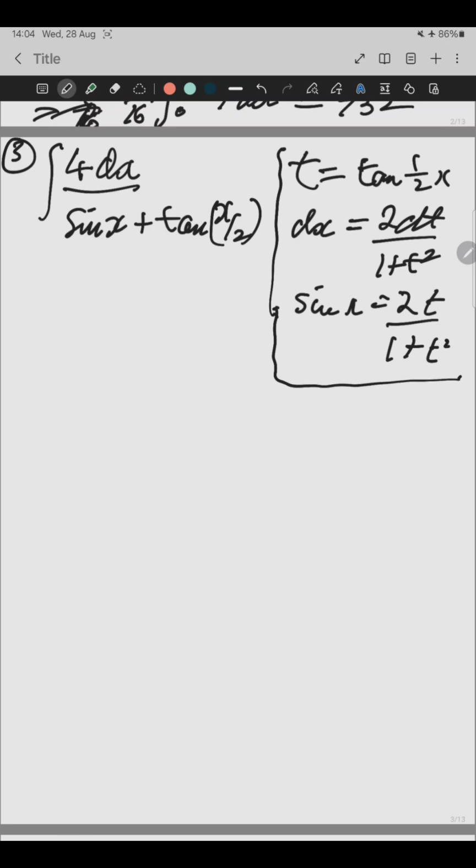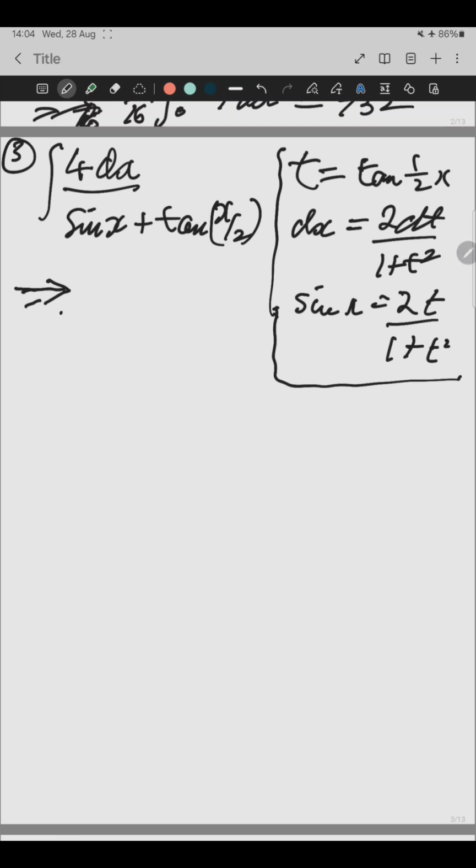And we'll just substitute those into the integral. Should put an arrow sign rather than an equals.